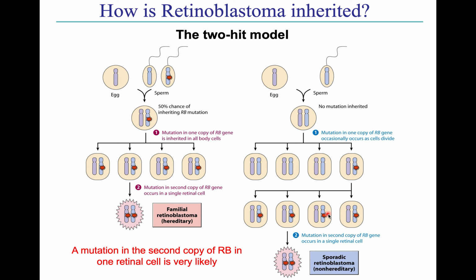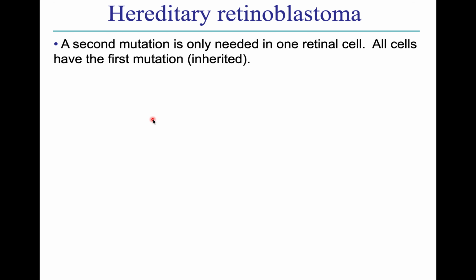So you'd have to pick up, due to random chance, the two hits in the sporadic model versus you basically have a head start down that path in the familial situation. So again, it all comes down to needing those two mutations, which would make it a recessive syndrome.